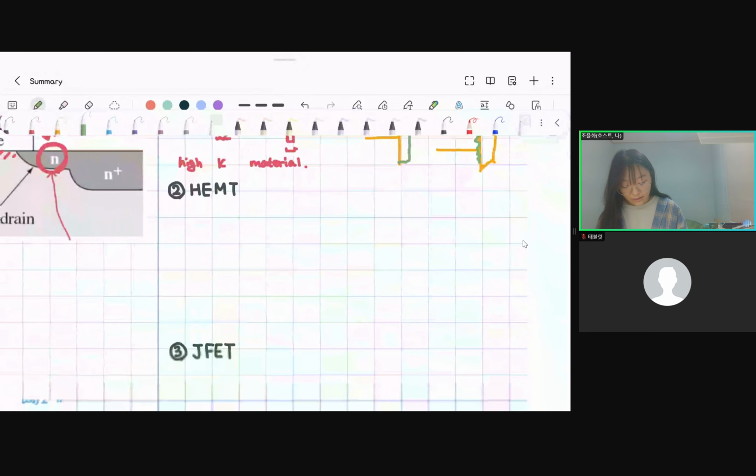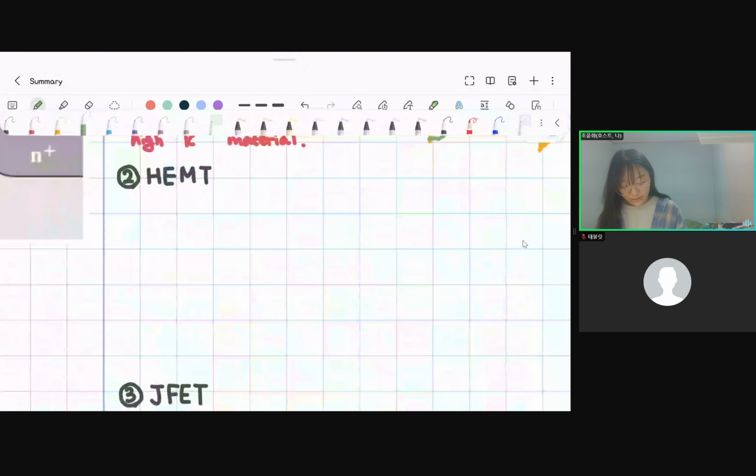The second field effect transistor is the HEMT. HEMT means high electron mobility transistor. Until now, we used silicon to make a transistor, and silicon is a group 4 material.